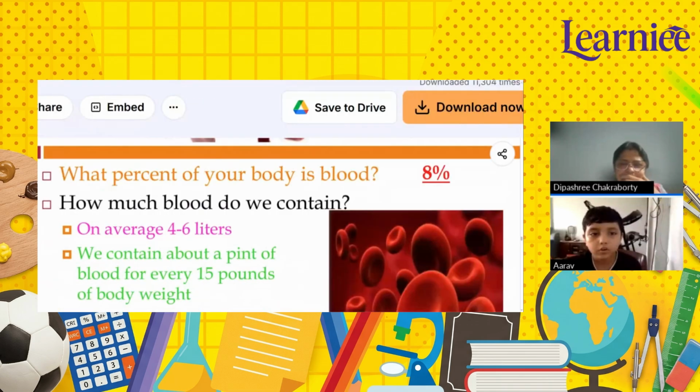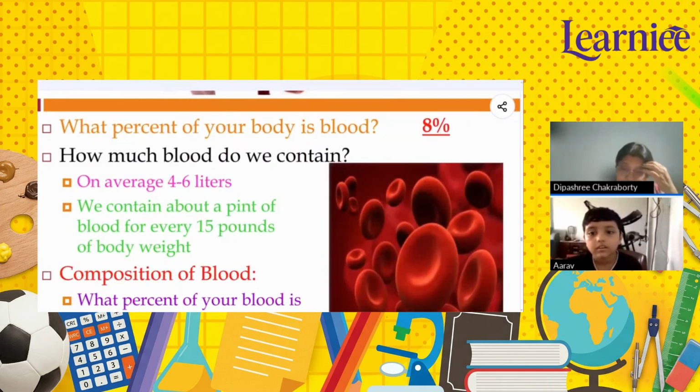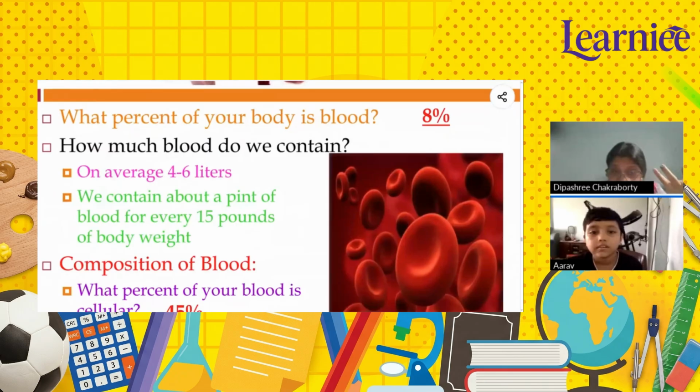Can you tell me the different parts of blood? What does blood consist of? RBC, WBC, and platelets. Plasma is mentioned in your book. Yes, plasma. What is the full form of RBC?